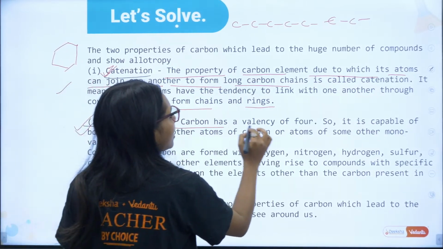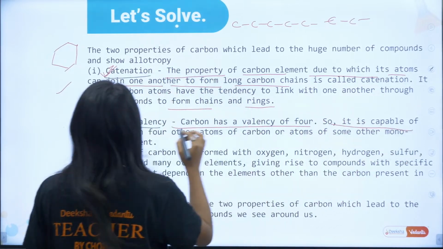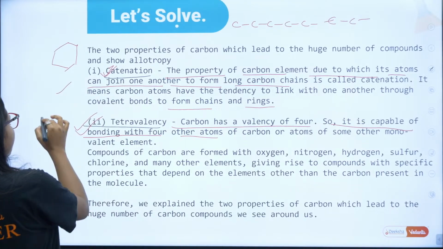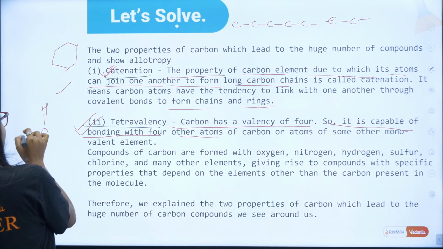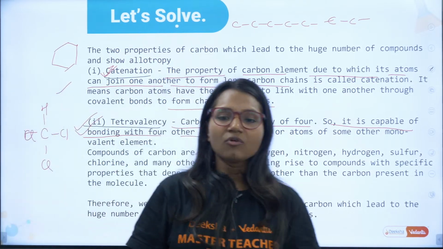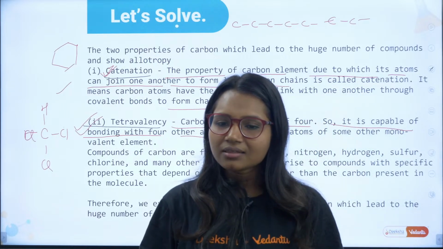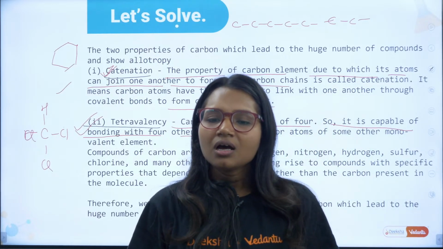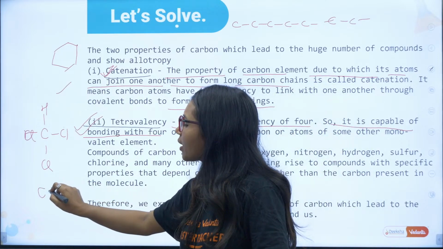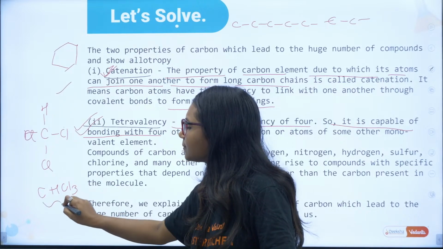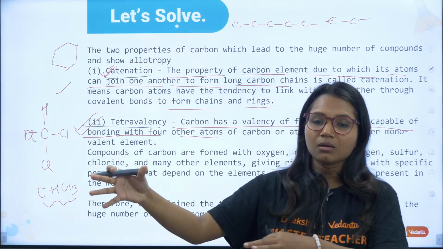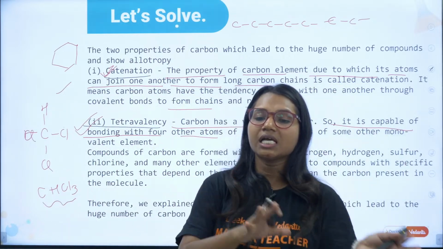Tetravalency: carbon has a valency of 4. It is capable of bonding with 4 other atoms. See here. Can you tell me what is the name for this compound, CHCl3? One carbon can form bonds with different atoms: CHCl3, CHF3, CHI3.